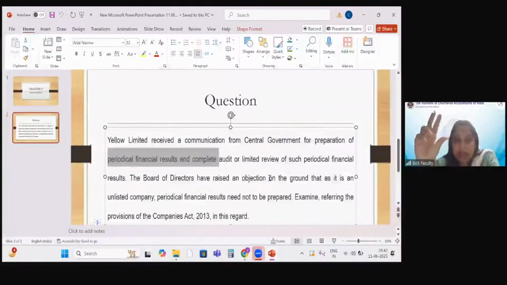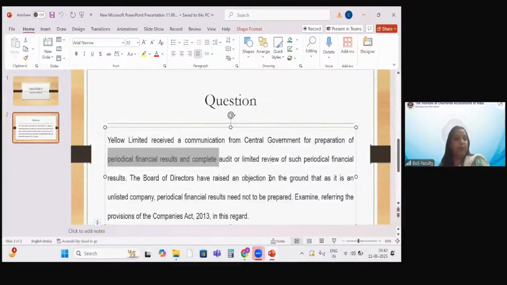So the first line itself is telling you the answer: the central government may require such class or classes of companies, including the unlisted companies. But then also you have to write all the 3 points. Suppose the question would have been just a one-liner, then you can directly write. But if it's 2 marks or 3 marks, then you need to write the full provision: what you have to prepare, then obtain approval of the board of directors, and then file a copy with the registrar within 30 days.